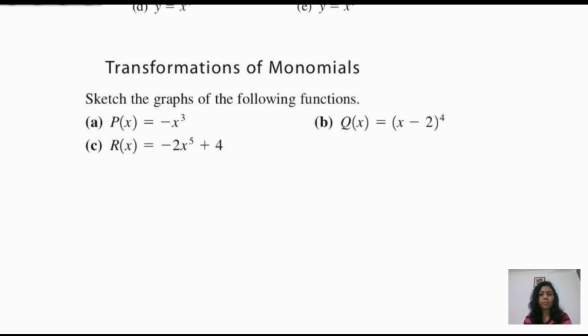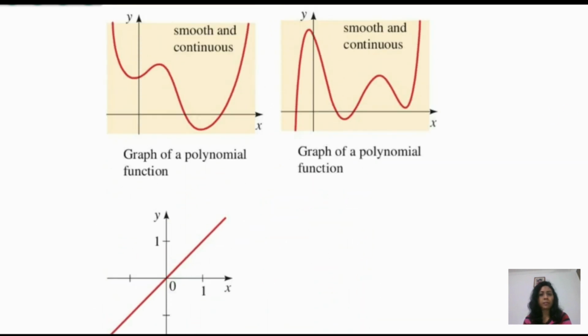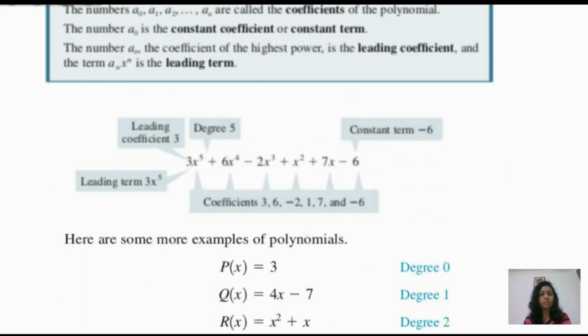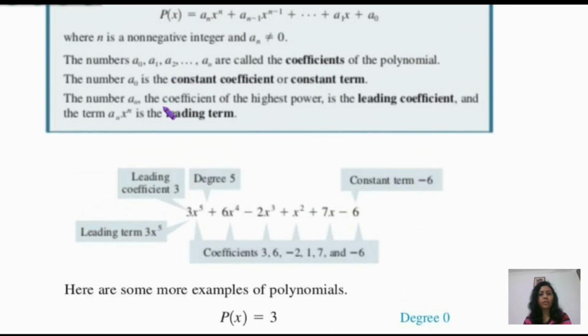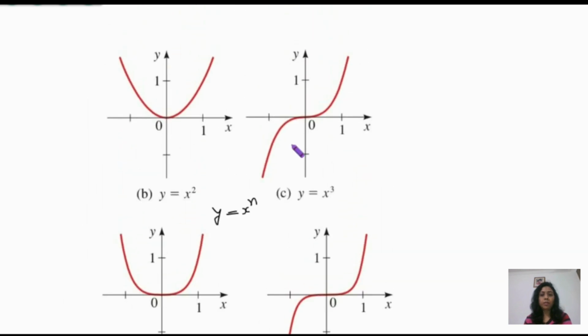If you have this graphing knowledge and this information, you can easily graph. First question, P(x) is equal to minus x^3, and we know that the graph of y equal to x^3 is like this.